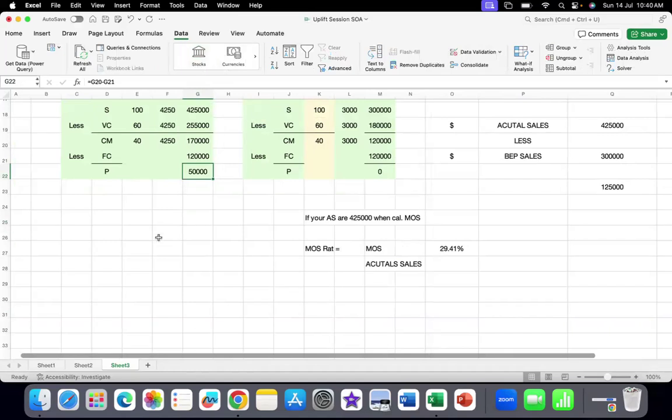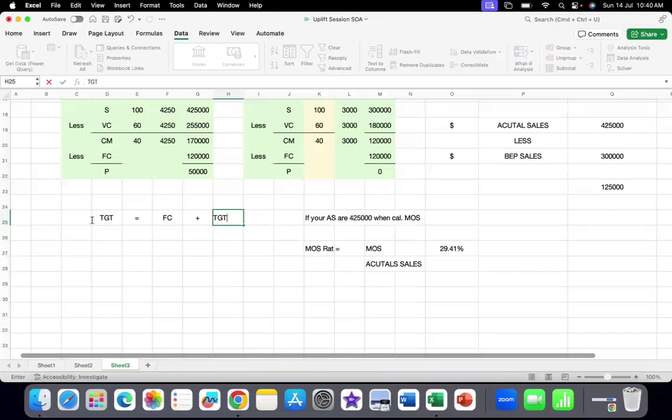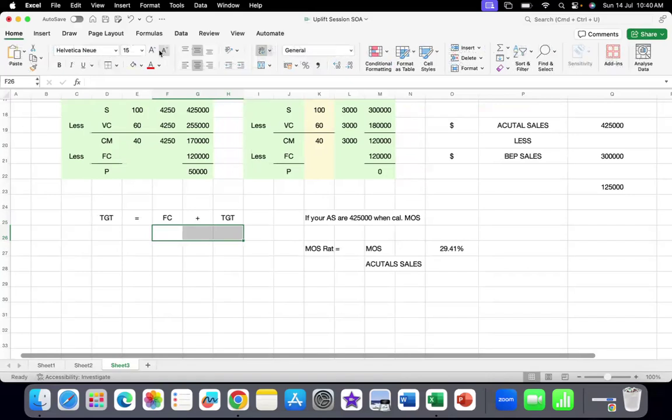Or you can just use the formula. When there is a target profit, you can always use a formula which is fixed cost plus your target profit, and then you divide this by your contribution margin per unit, and you can get an answer.